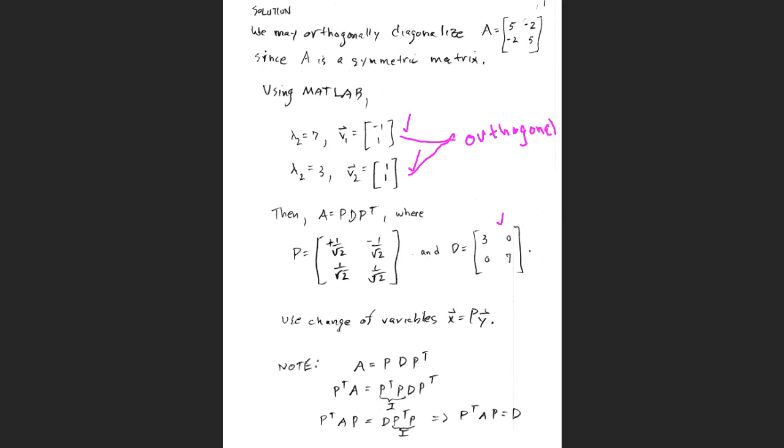Those two eigenvectors, v1 and v2, are orthogonal because they are eigenvectors from two different eigenspaces. When we have a symmetric matrix, eigenvectors from different eigenspaces are mutually orthogonal. We proved that in our last class.